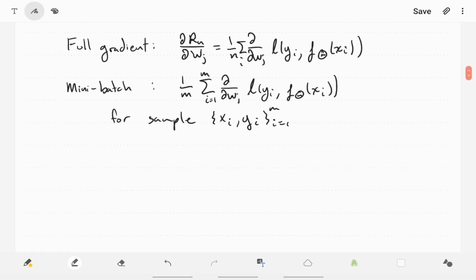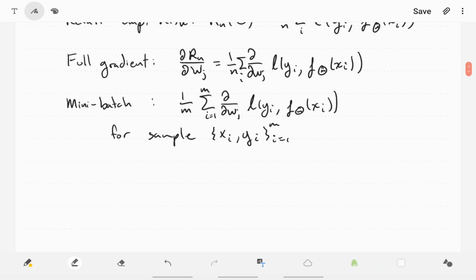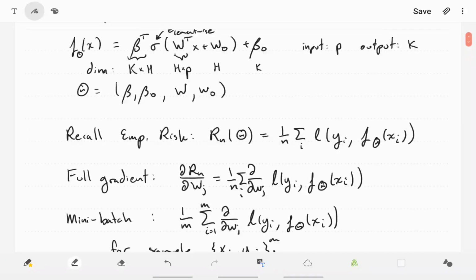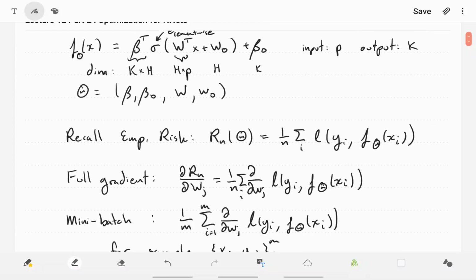Okay, so now how can we calculate this derivative with respect to wj? Well, of course, the way that we would do this is just use basic calculus, which says that we should use the chain rule. So think about this f sub theta of x here.